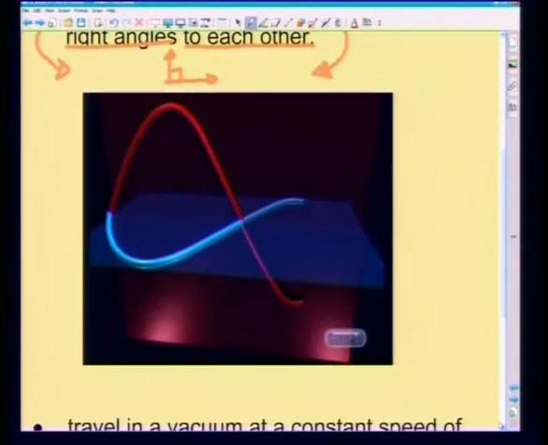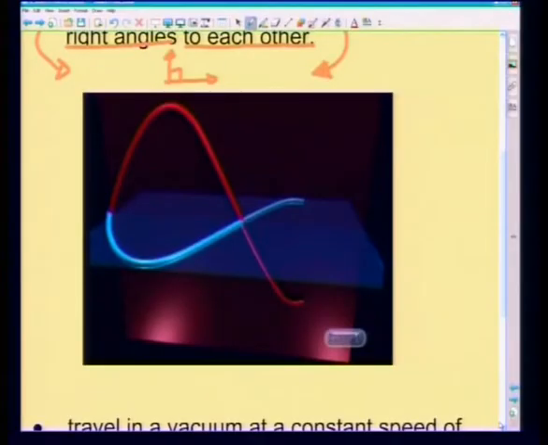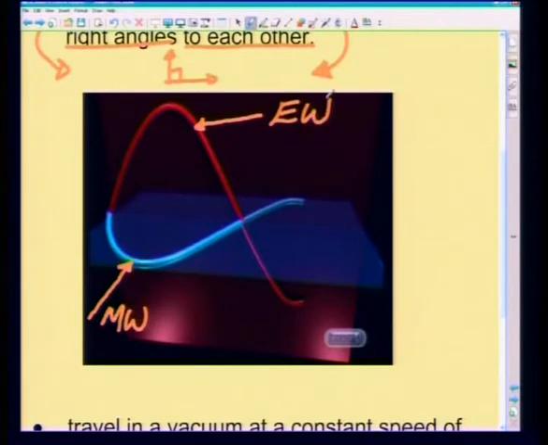Let's have a look at this diagram here to illustrate how the electric field and the magnetic field, as caused by a moving or accelerating charged particle, vibrate in relation to each other. If we take the blue part to be representing the magnetic wave, then let's use the red to represent the electric field wave.